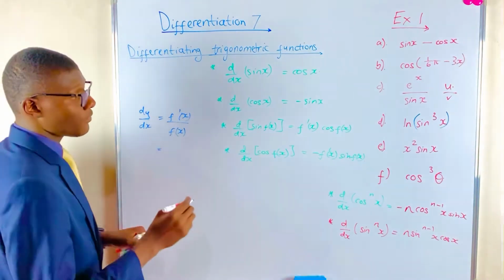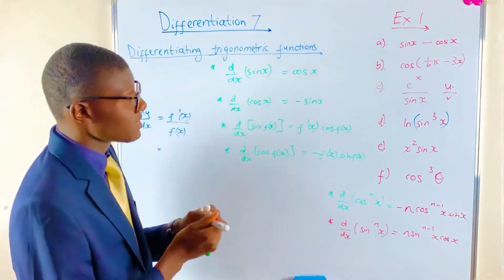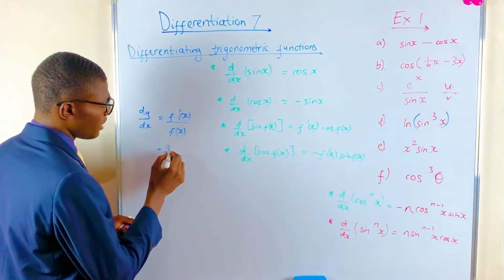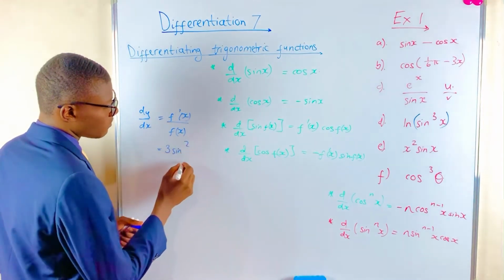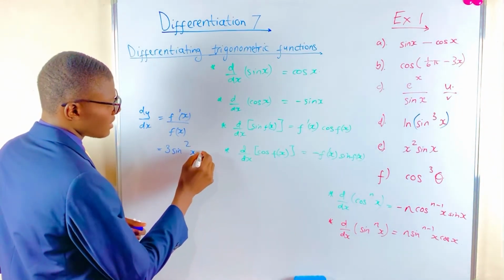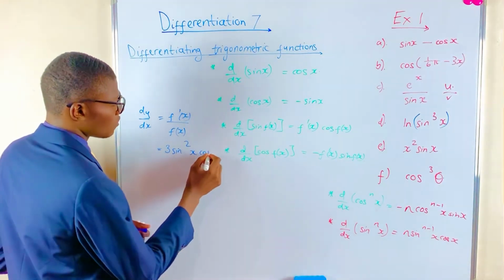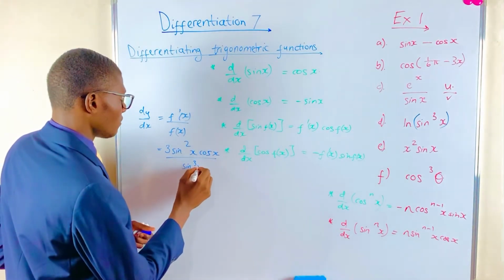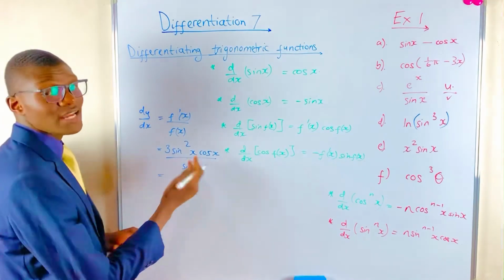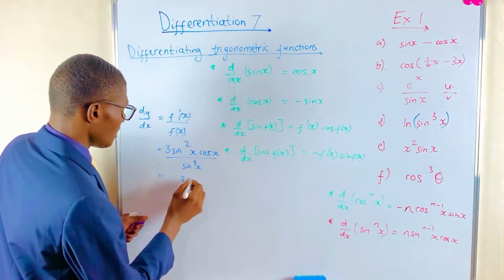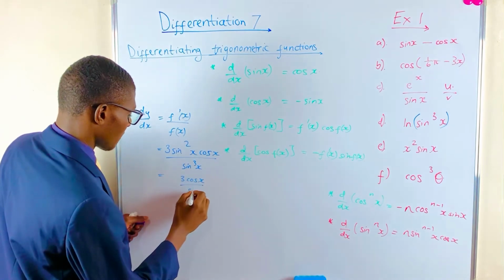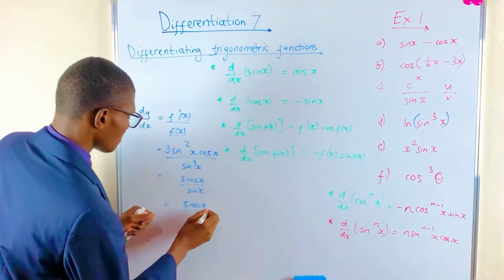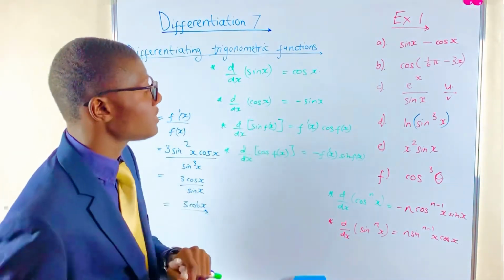Now f prime x is the derivative of sine to the power of 3 of x, which is dropping the power 3, multiplying by sine, subtracting 1 from the power to get the power of 2, times the derivative of sine x, which is cos x. Then this is over f of x, which is sine to the power of 3 of x. Sine squared over sine to the power of 3 of x will give us 3 cos x over sine x, cos x over sine x being cot x. So this is the result that we get for that differentiation.